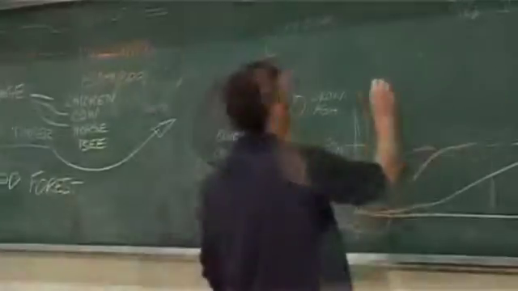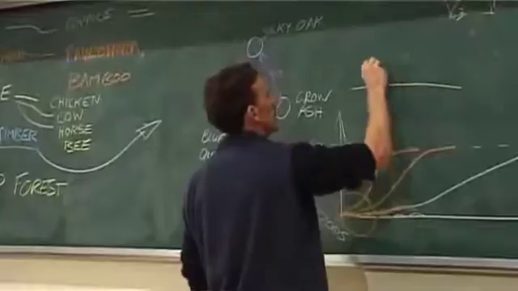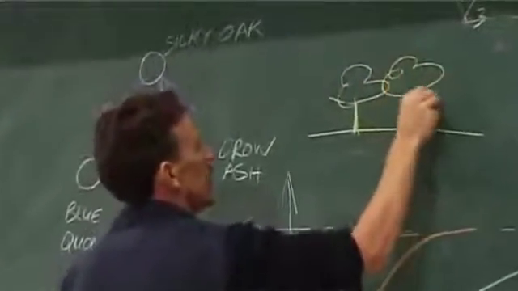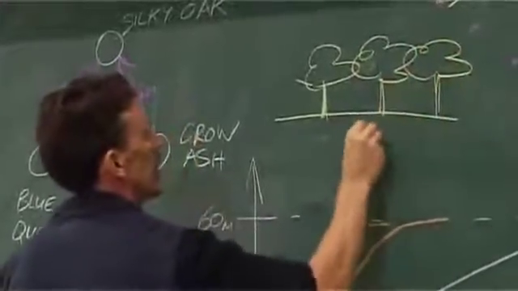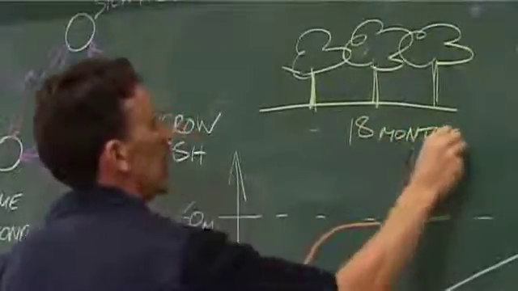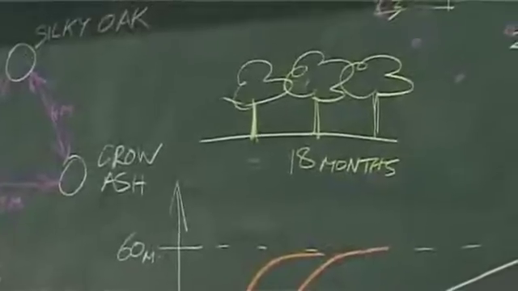And within 18 months, if you've got reasonably good quality seedlings that you're putting in, and you're putting them in at the right time of year, just before the rainy season, within 18 months they've canopied and they're touching each other. They're more or less shading out the ground.